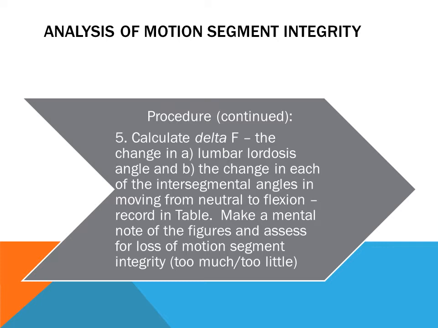We record those changes, which we call delta F, in our table. And here, make a mental note of the figures and assess for loss of motion segment integrity, meaning that there's either too much motion or too little motion.